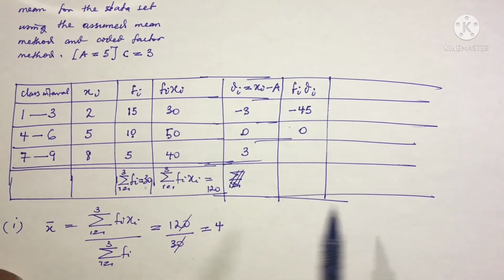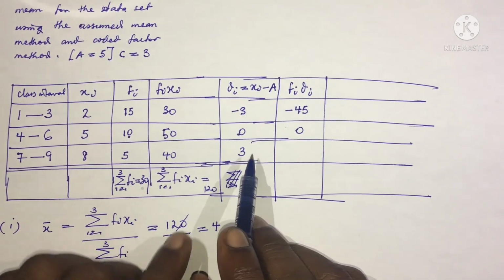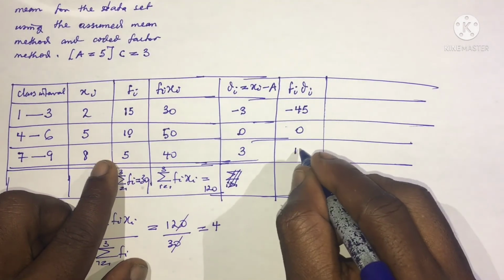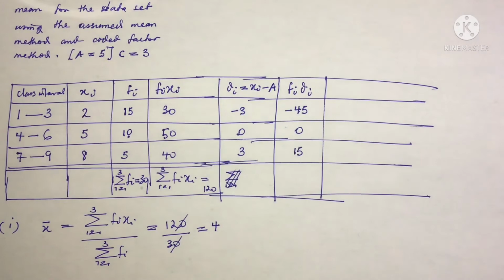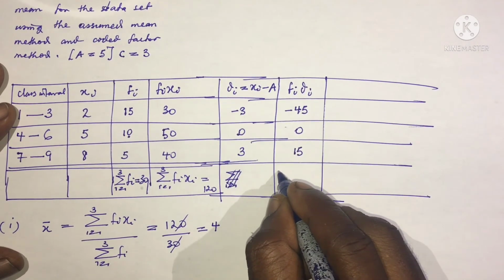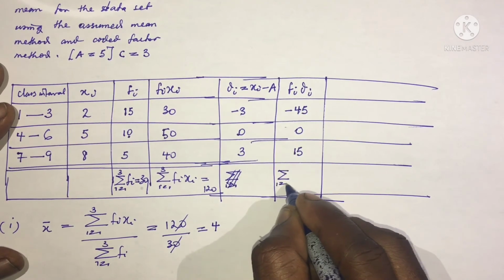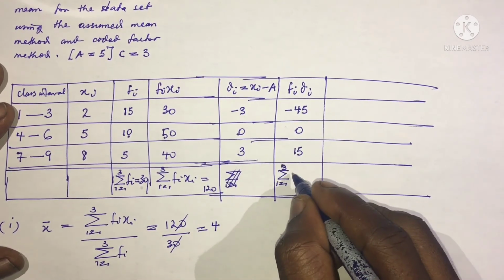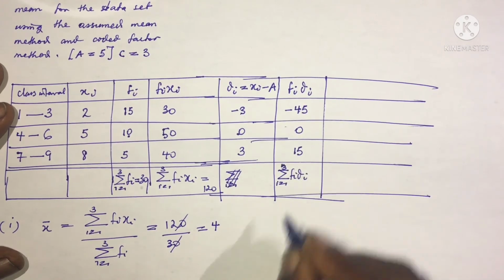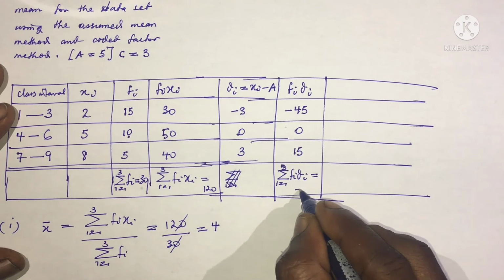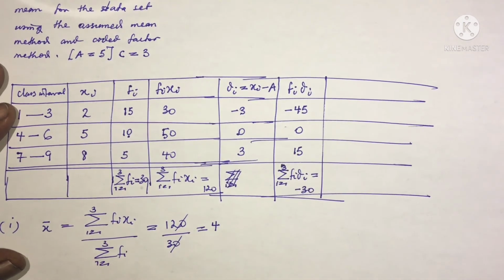So that was my mistake, my bad, sorry. 3 here times 5 will give us 15, and this will become plus 15. So minus 45 plus 0 plus 15 is what we shall add, from i equals 1 to 3, to get the summation of all FiDi, and that will give us minus 30.